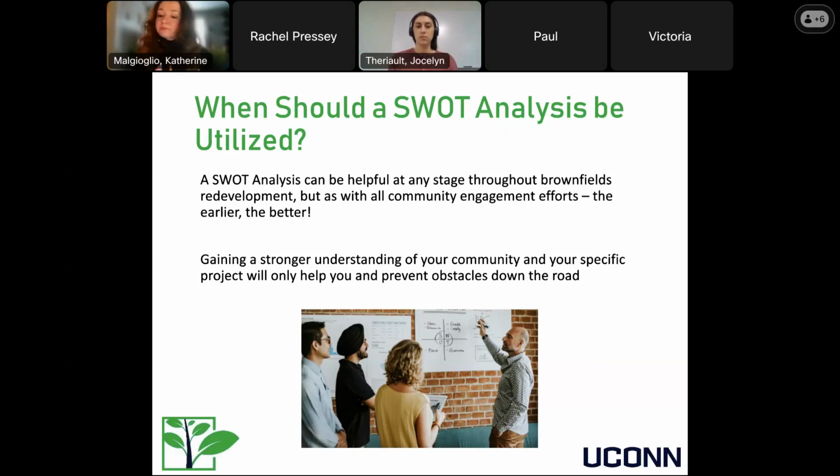So we want to clarify that community engagement, including a SWOT analysis, is actually going to be more effective and more sustainable the earlier that it begins. There's no way that completing a SWOT analysis is going to bring about any negative impacts. Like the slide says, gaining a stronger understanding of your community and your specific project will only help you.